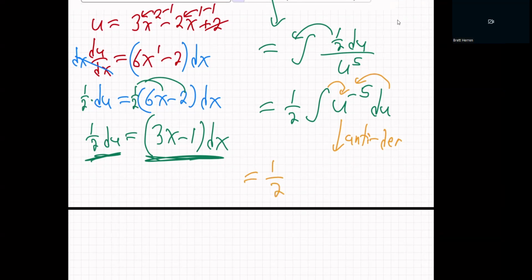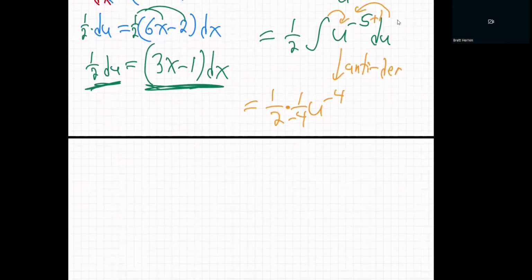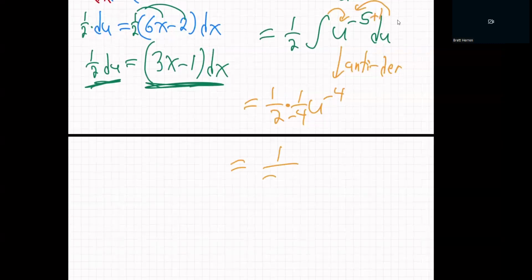So what's going to happen here? Well, we're going to add 1 to the power, so that's going to become u to the minus 4, and multiply by 1 over that in the front. So that'll become 1 over minus 8, 2 times minus 4, u to the minus 4, and I'll just put the minus in the front there.